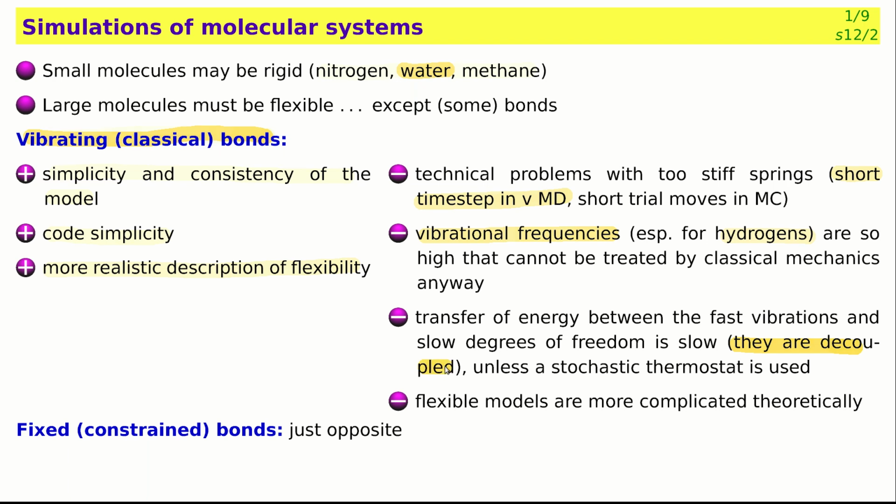Of course, we can overcome it by using stochastic thermostats, but again, these thermostats sometimes are not suitable. And last but not least, these flexible models are quite more difficult to be described theoretically. That is, it may be useful to constrain bonds, or at least some.